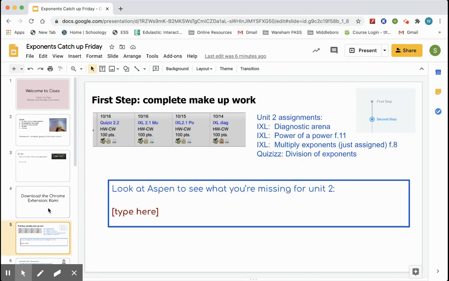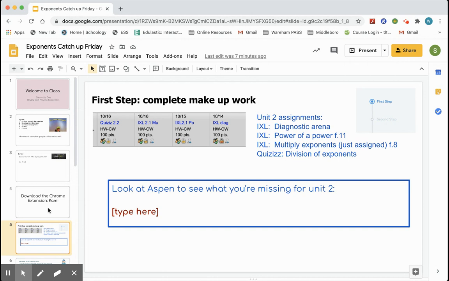So the first step is to please go on to Aspen, and there are 3 assignments: the diagnostic arena, the power of a power, and multiplying exponents. Now, I just assigned multiplying exponents, so everybody's going to need to complete that. I'm going to ask you to look for a mastery level of 80% or above, and if you get 80 or above, you will get 100% credit for the homework. And then the fourth assignment is a quizzes activity, and it is on the division of exponents.